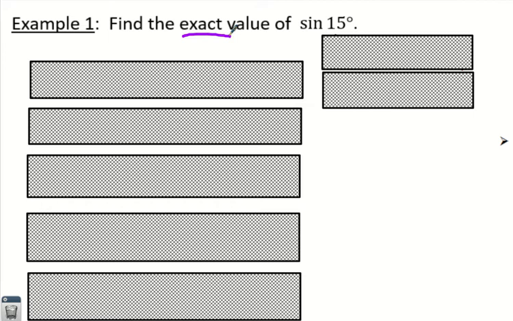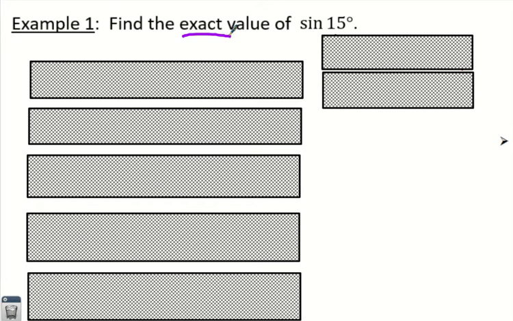For some full context, if you changed modes on this yellow calculator, other kinds of answers a calculator would give you would be just a decimal. So you could get a decimal answer from a calculator, but that's not what I call exact.